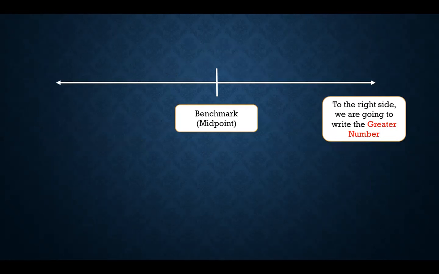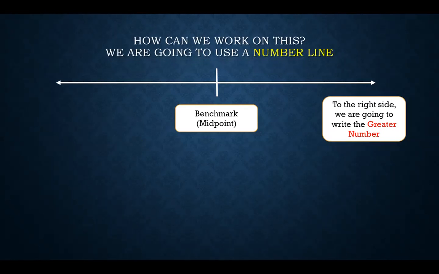First of all, we are going to use this timeline. Always to the right side, we are going to write the greater number, and in the middle, I'm going to have my middle point, the benchmark, we call that. So how can we work on this? We are going to use a number line like this one, and remember, to my right side, I'm going to write the greater number.